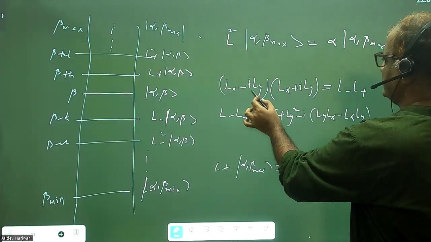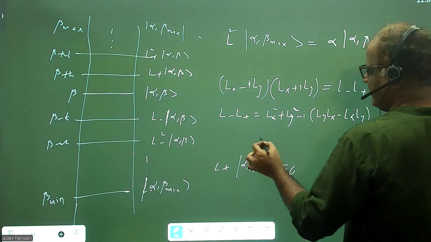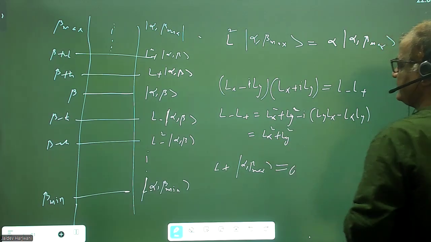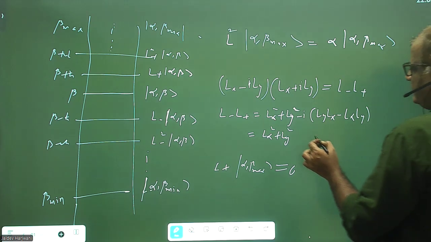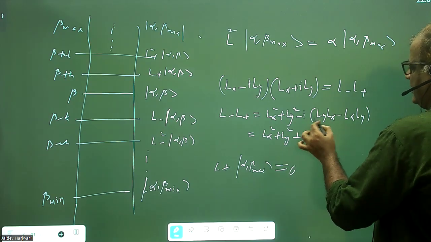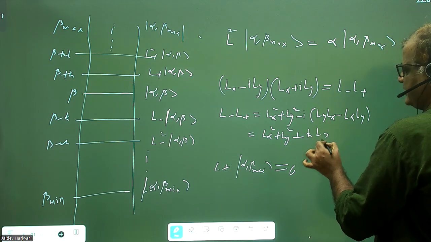So I get Lx square plus Ly square, and this equals minus iota times minus plus iota h cut Lz.